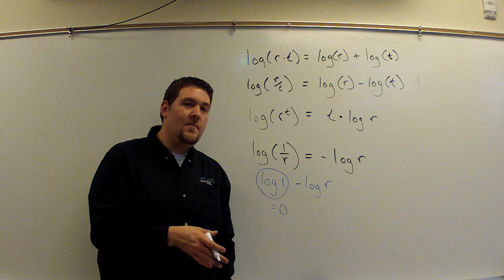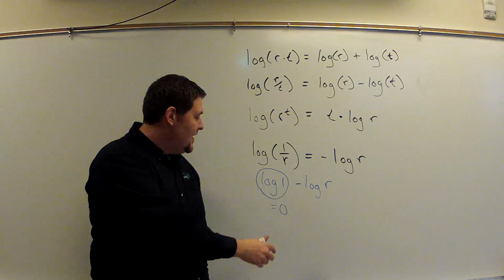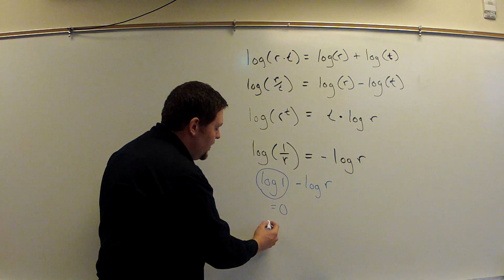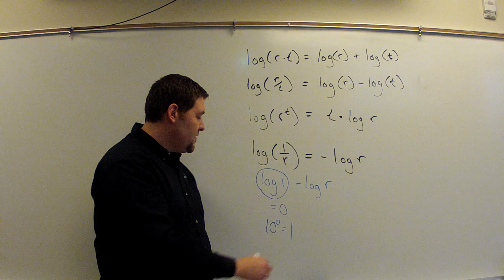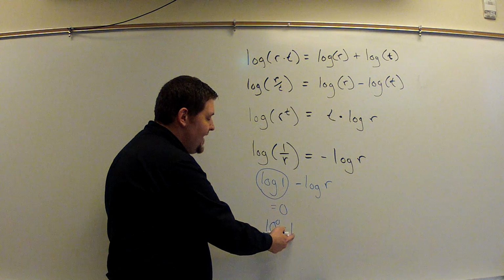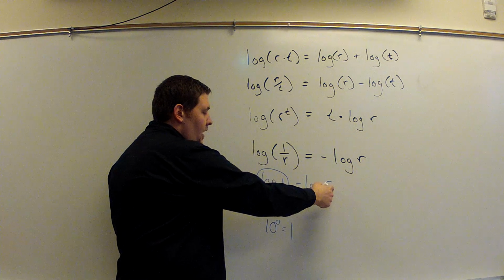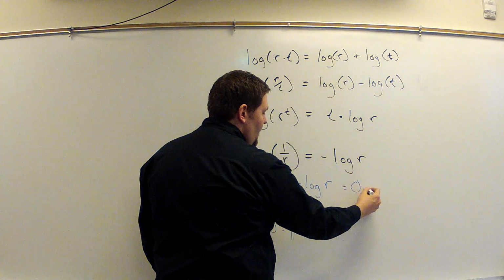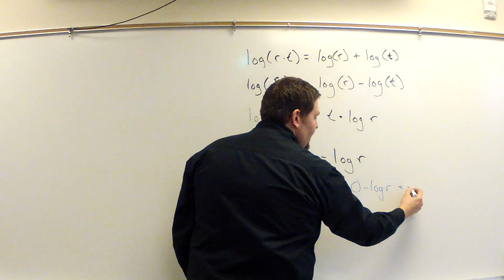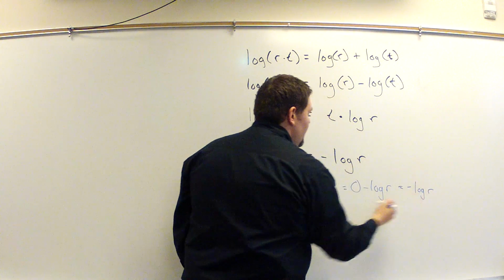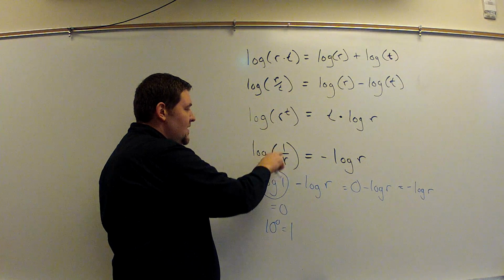Remember that the logarithm asks the question, what power of 10 is this number? 10 raised to the 0 power is equal to 1. Therefore, the log of 1 has to equal 0. So log of 1 minus log of r simply becomes 0 minus the log of r, or, as the property shows, negative log of r. And we call this the reciprocal property of logarithms. As you see, it's the reciprocal of r.